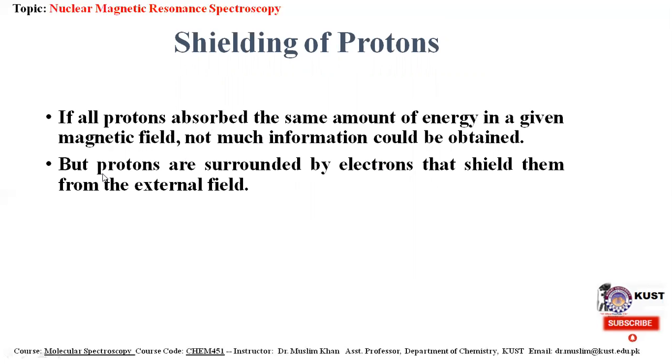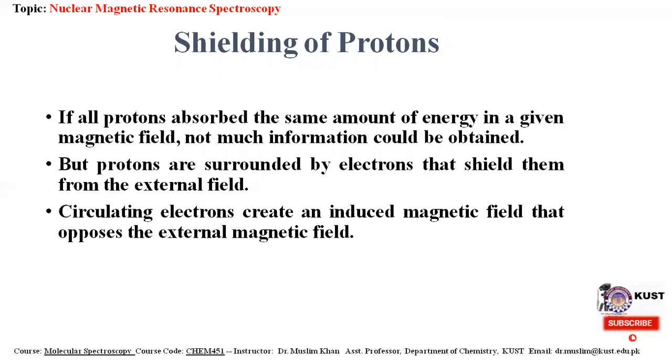But as we know, protons are surrounded by electrons in the molecule that either shield or deshield them, meaning either protect them or not protect them, or less protect them from the external magnetic field. So the circulating electrons create an induced magnetic field that opposes the external magnetic field.